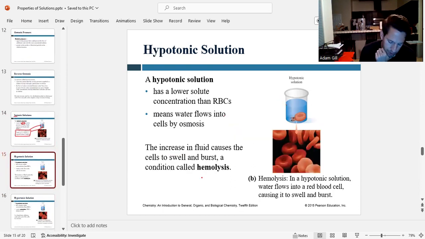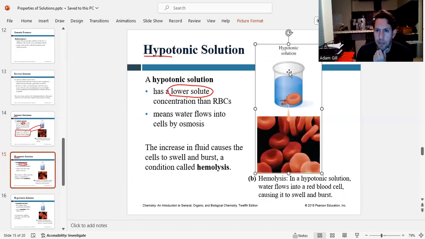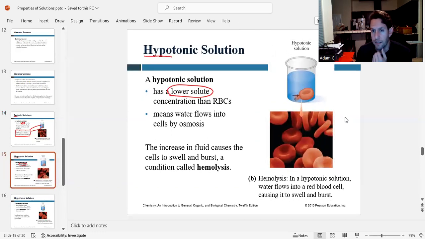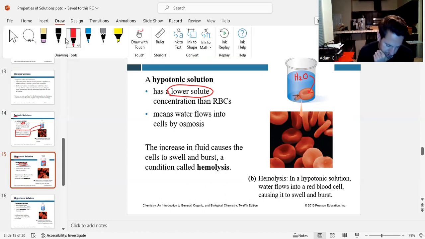Now, a hypotonic solution is a solution that has a lower solute concentration. Now, if we put a blood cell or any cell in a hypotonic solution, what happens is the water molecules want to go into the cell to try and dilute it because there's more solute.